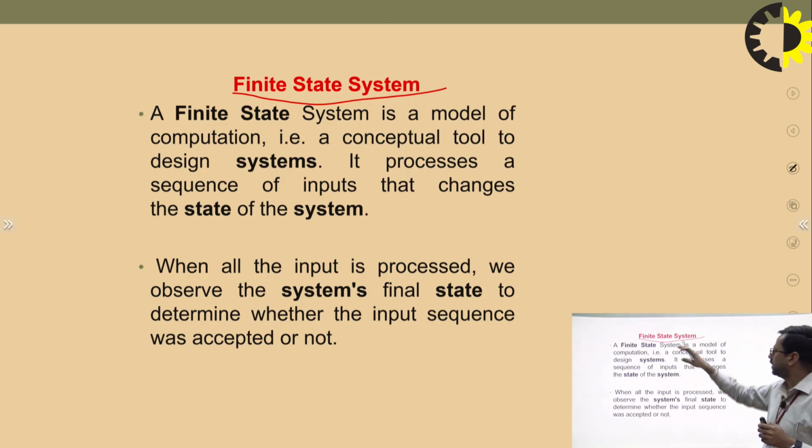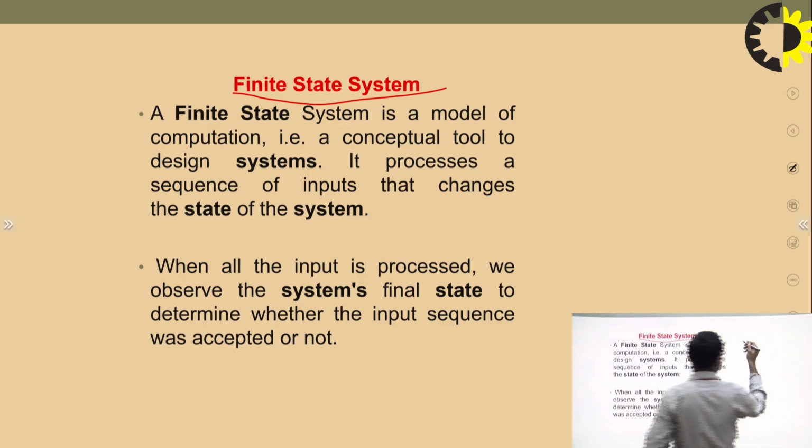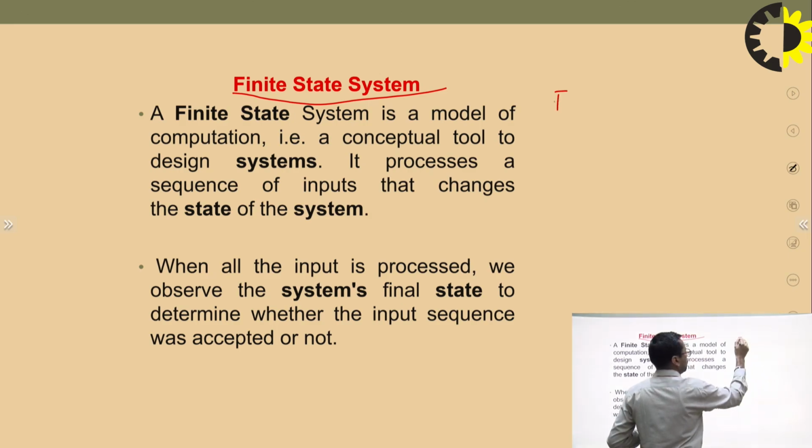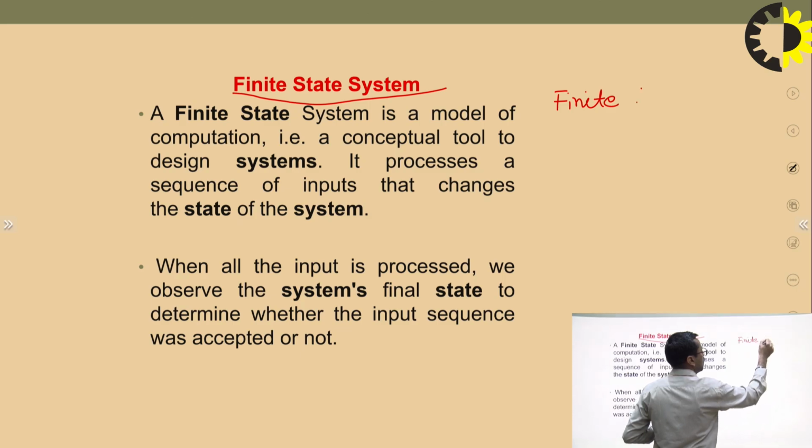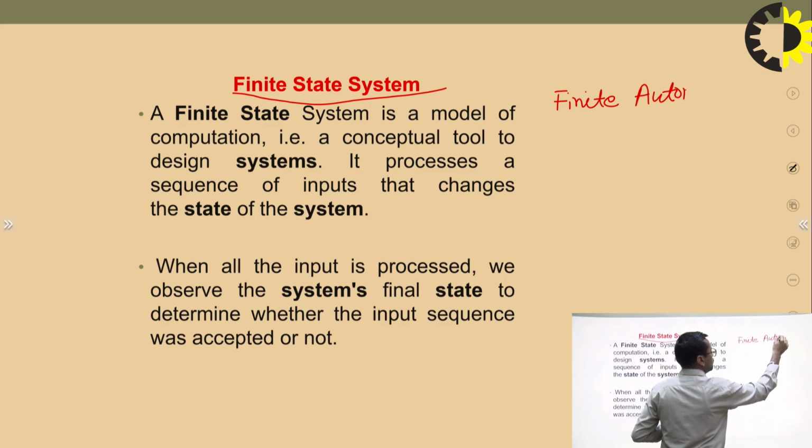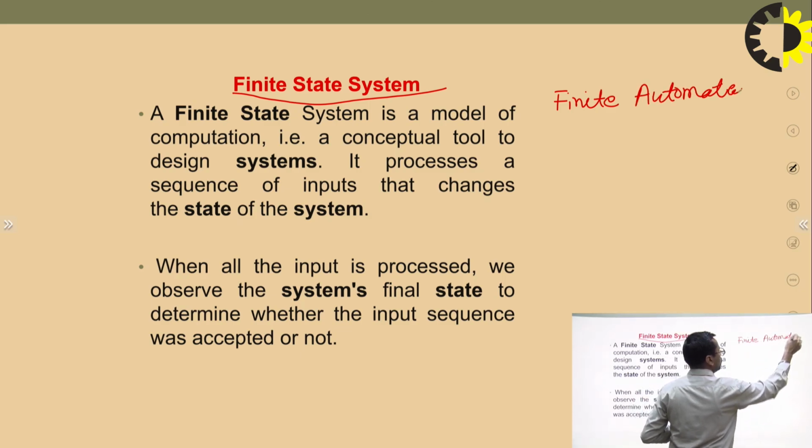So, it is the finite state. In the case of automata, that is FA, finite automata, or we can say finite state or finite automata. Finite automata is broadly classified into two types. The first one is the DFA and the second one is the NFA.